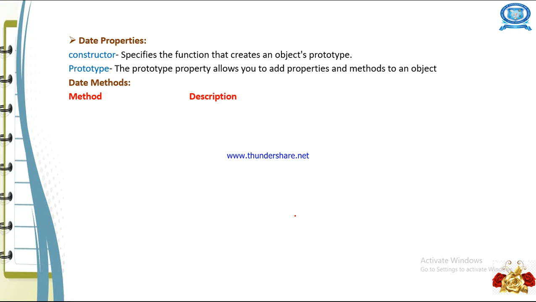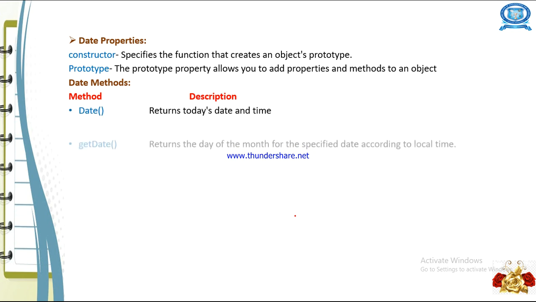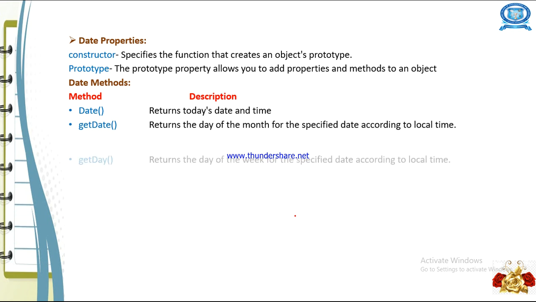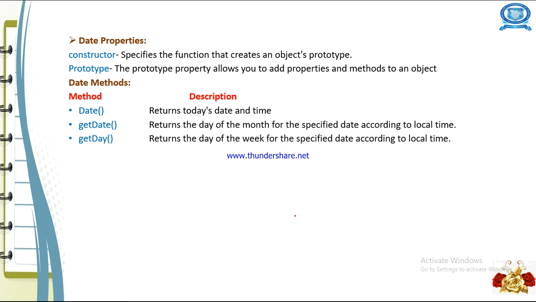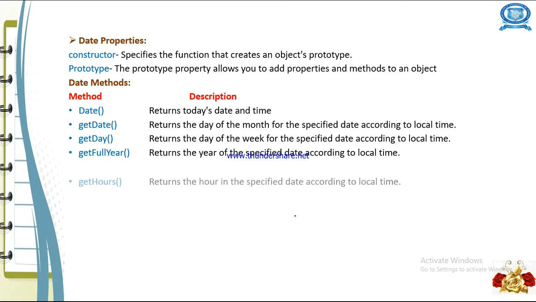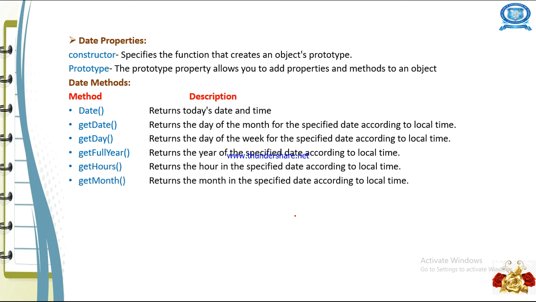Next, what are the methods we have used in Date objects? The first method returns today's date and time. Get date, get day. Now see the number of methods: get full year, get hours, get month. By using these methods, we are going to write an example program in the next slide.